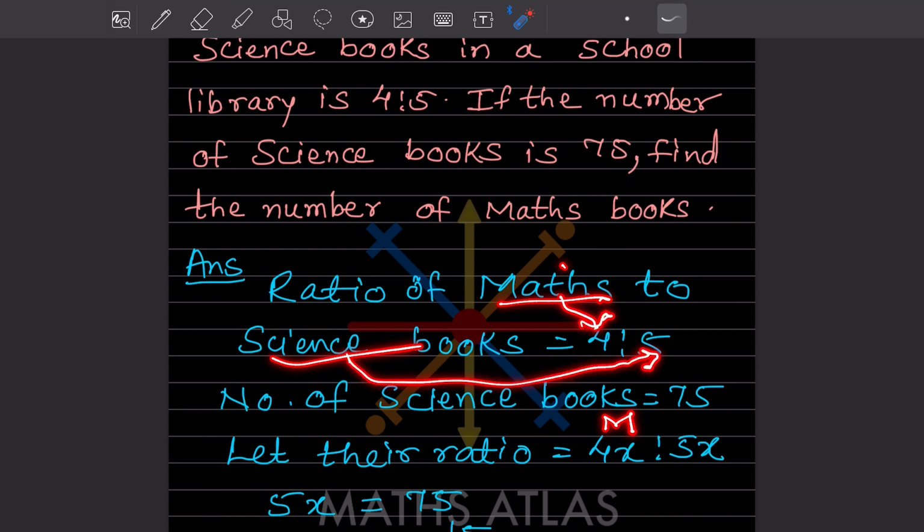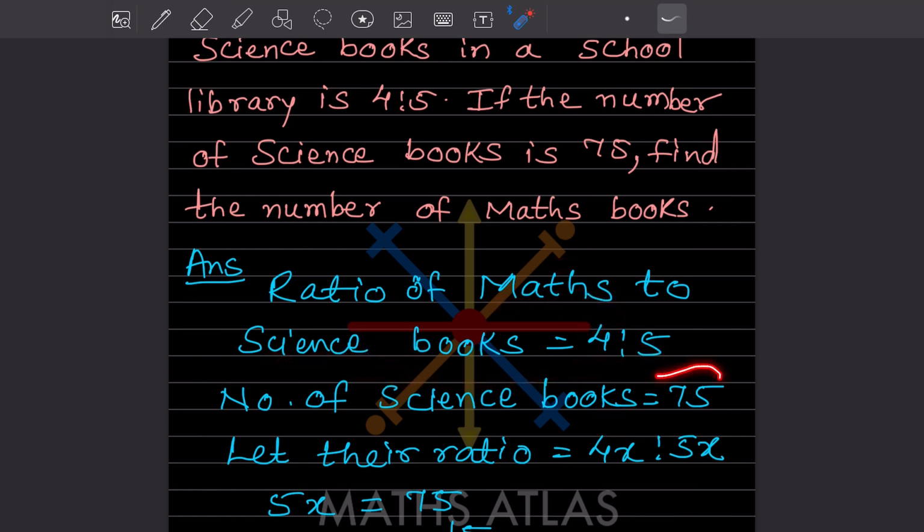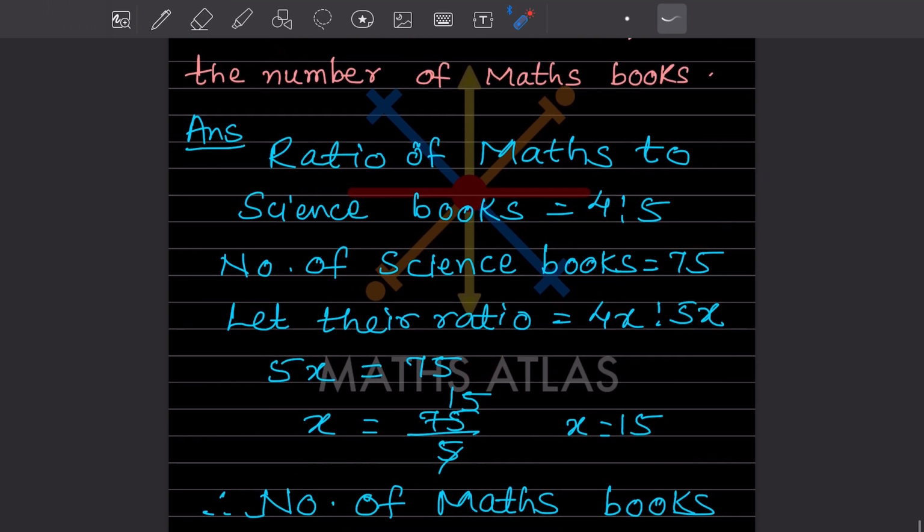We know the number of science books is 75. So this 5x, we are going to put it over here. So 5x is 75, which means 5 multiplied by x.